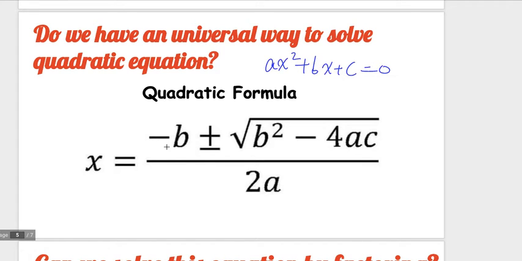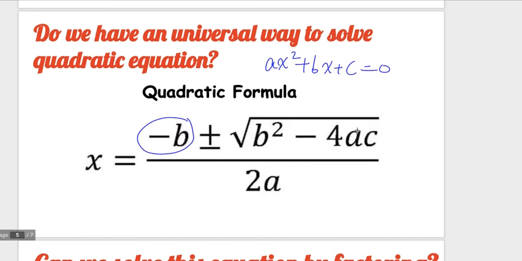The denominator is 2a, and the top part is opposite b. I read it as opposite b because whatever the number b is, it must be made opposite. Plus or minus, meaning one solution is plus and the other solution is minus, the square root of b squared minus 4ac. So this method is called the quadratic formula.